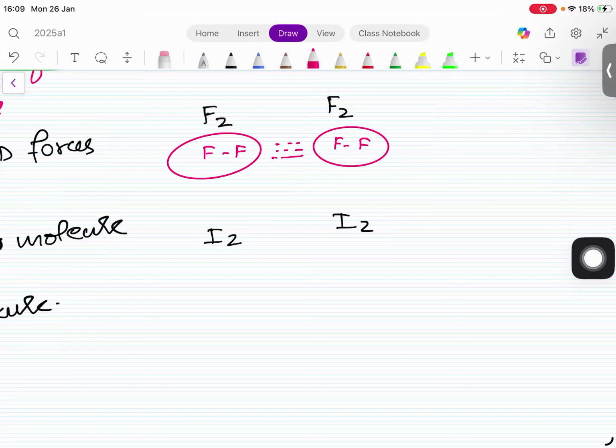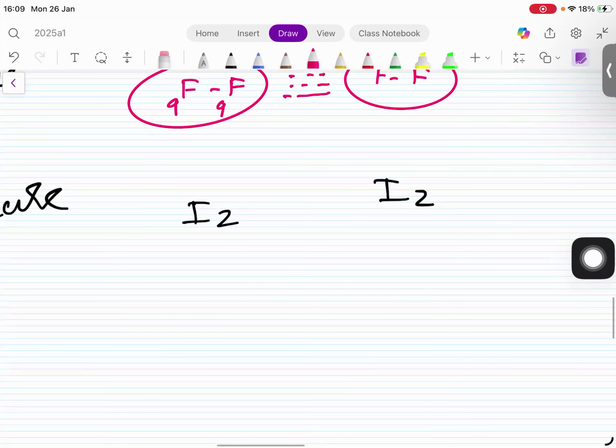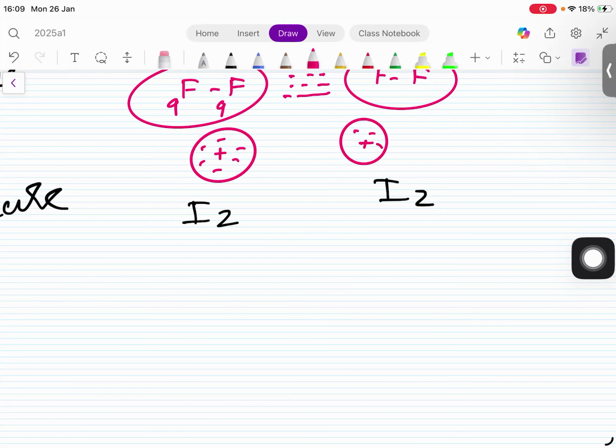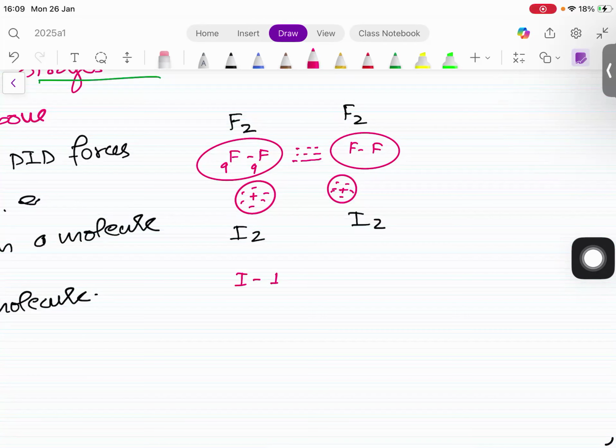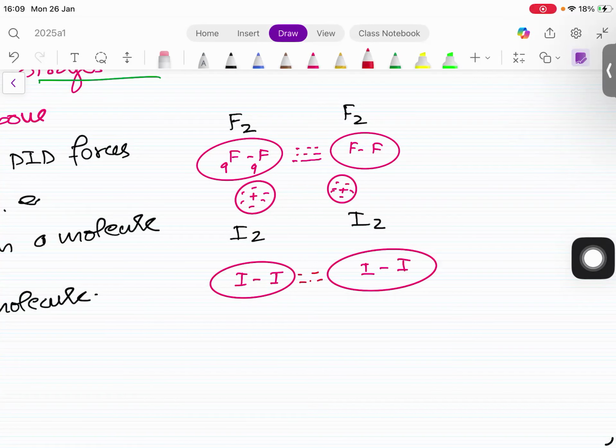There are 9 electrons in one atom of fluorine, so in total 18 electrons. The other molecule has the same. Similarly, what about iodine? They are again non-polar. What type of forces? DIDs. One iodine atom has 53 and another has 53, so how many electrons in total? 108.